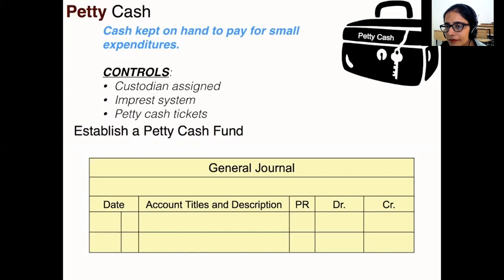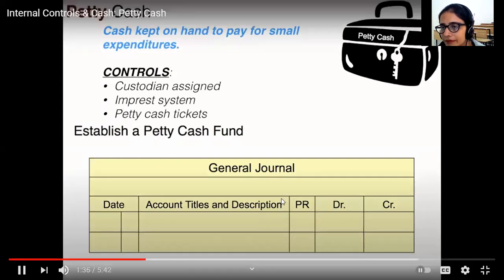And we'll see what that transaction looks like in just a second. Also, in the petty cash fund, when money is paid from cash, there should be a ticket in that pouch or box or whatever the money is kept in that signifies money was used to purchase something. Petty cash, we have the cash on hand, right?